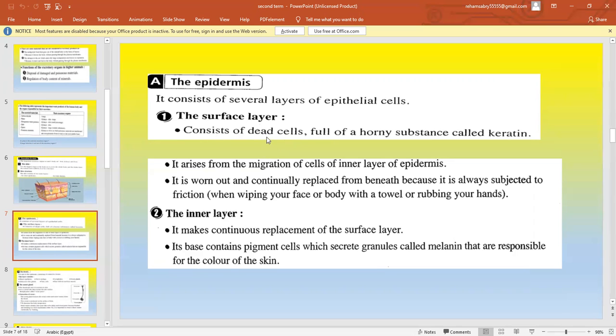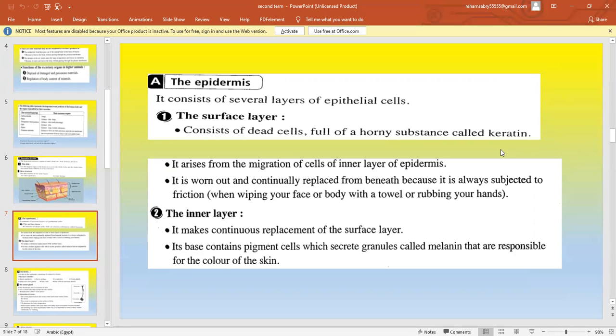So the surface layer consists of dead cells full of a horny substance called keratin. What is the importance of the keratin? The keratin, or horny substance, protects the body from any microbes. Any microbes that come onto our skin, this horny layer can eject them out or prevent their penetration to the skin, or through the skin into our bodies.